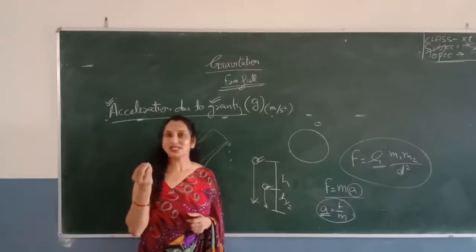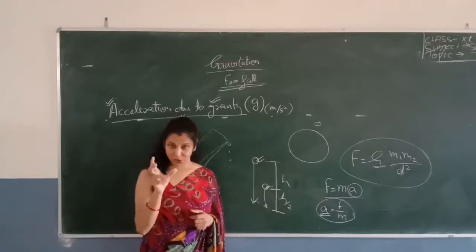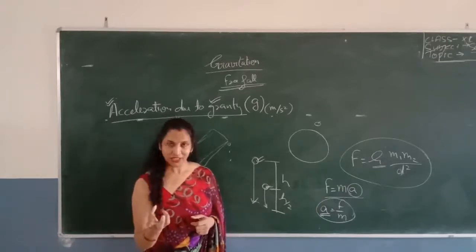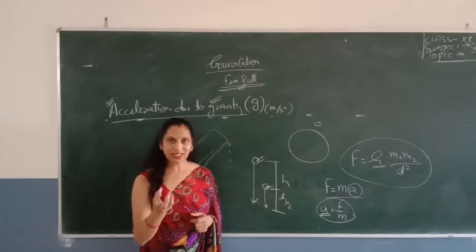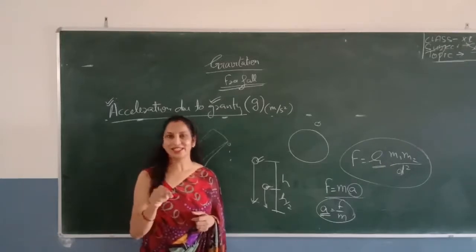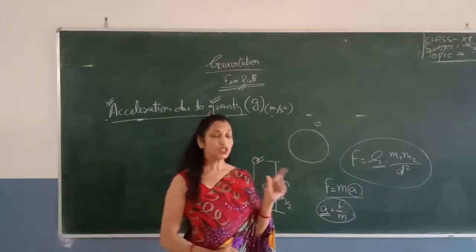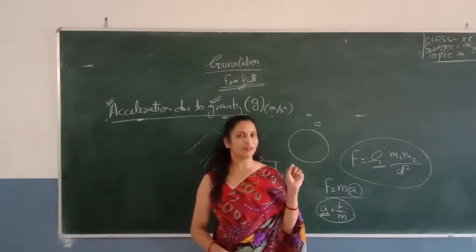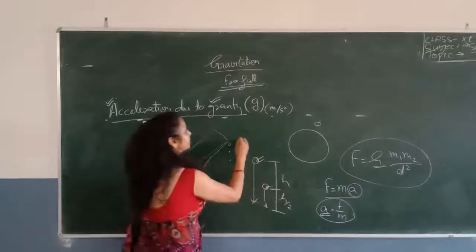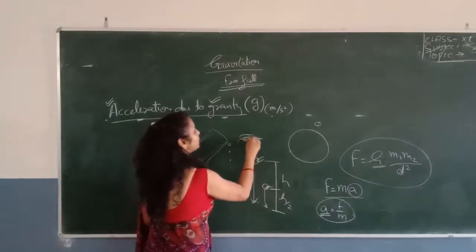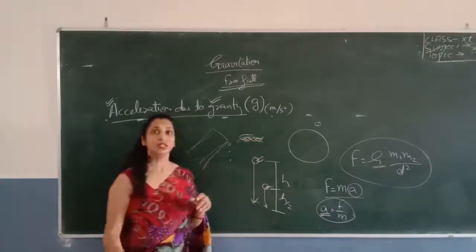The resistance by the air on the stone is less as compared to the resistance by the air on the feather. So the feather will experience more resistance compared to the stone.